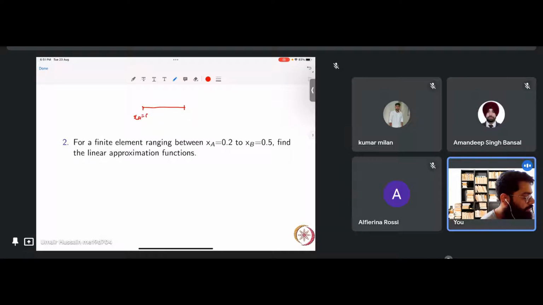So x a equals 0.2 here, x b equals 0.5 here. So basically the shape function should be 1 at each node, psi 1 and psi 2.